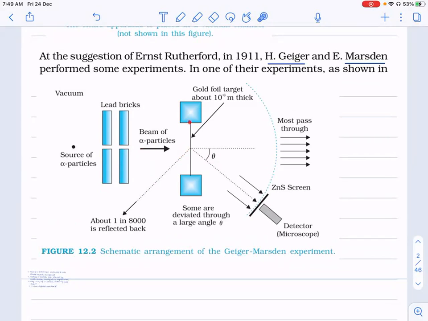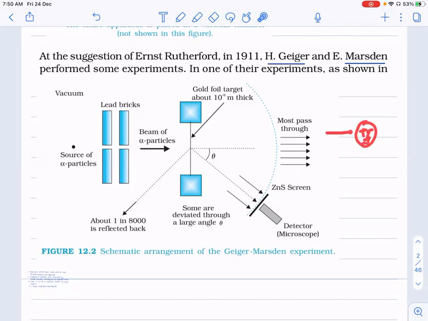If protons are isolated in the atom, then they cannot bounce back, they cannot reflect the heavy particle like alpha. The protons have to be together to deflect the heavy particles more than 90 degree. अगर protons ऐसे अलग अलग हैं embedded in that, they cannot send alpha particle like this. They have to be together.